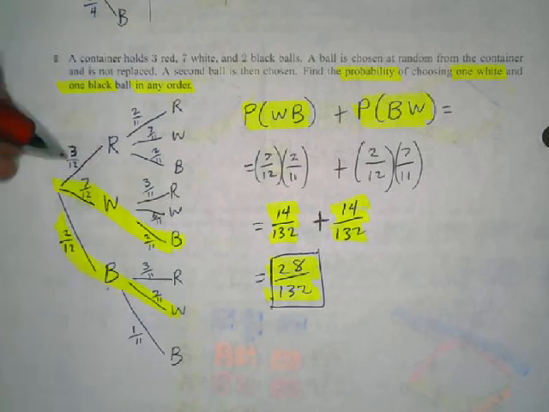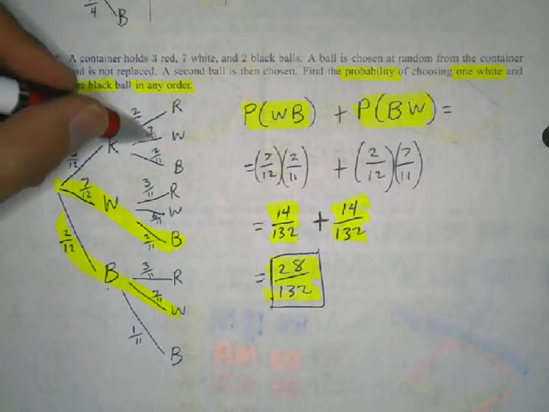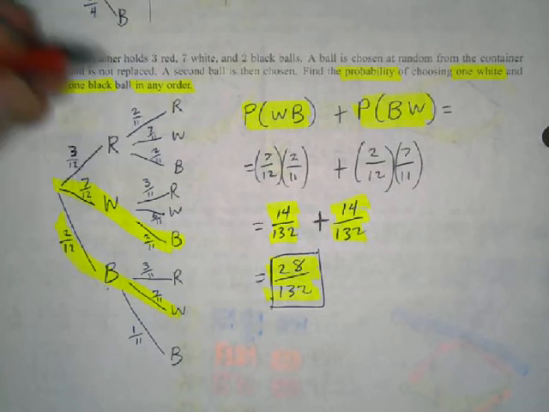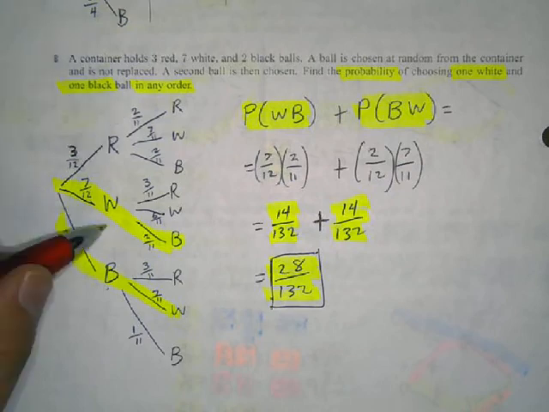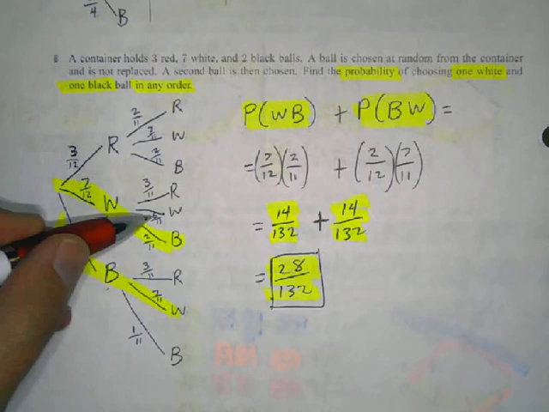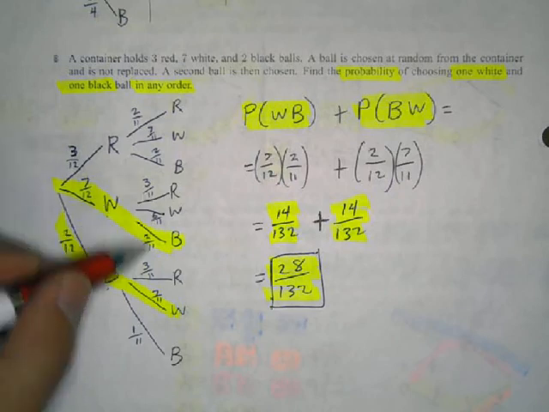So if I've got red, then the next is going to be 2 out of 11, or 7 out of 11, or 2 out of 11 for getting red, white, and black. The denominator has decreased, and the numerator has only decreased for the red only here. Now if I've gone this way, I've picked white first, so the numerator is only decreasing here for white, and the denominator is decreasing for all 3 of these.